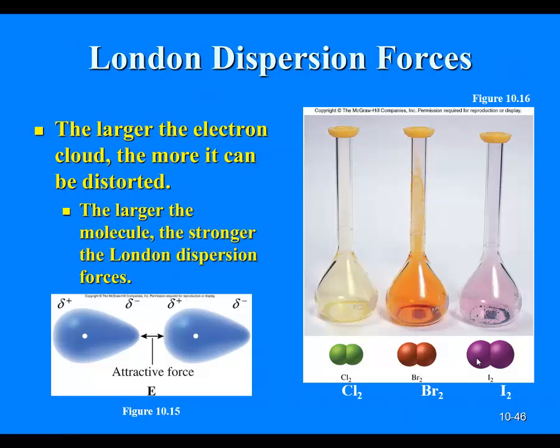So the more weakly the outer electrons are held with larger molecular mass molecules, the more polarizable the electron clouds are, and the stronger these London dispersion forces will be. So just correlate. Increasing molecular mass for nonpolar species or atoms will have increasing London dispersion forces, increasing temporary dipoles that are being formed in strength.